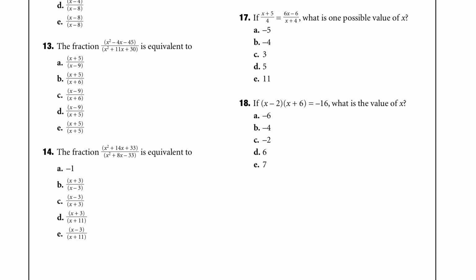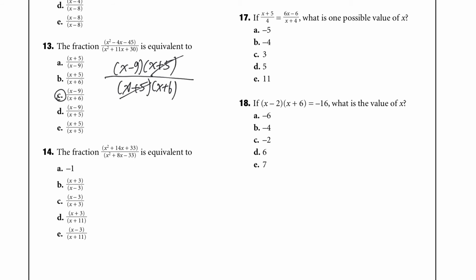The fraction is equivalent to x minus 9, x plus 5 on the top, because negative 9 times 5 gives you negative 45, and negative 9 plus 5 gives you negative 4. x plus 5, x plus 6, again you can cancel these out, so you have x minus 9 over x plus 6.